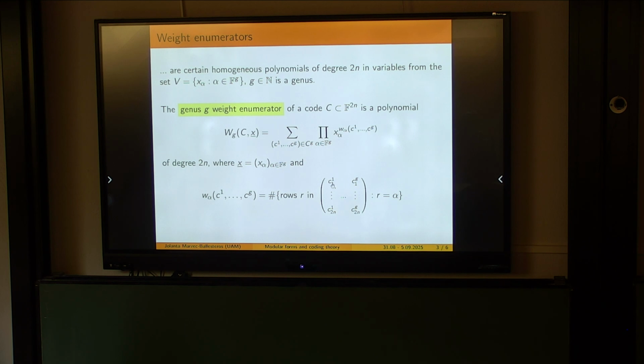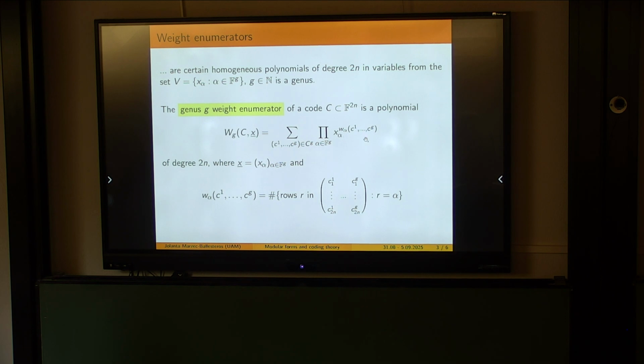Now each row has G entries, and these entries are from a field F. So we can take alpha from F to the G and ask how many times alpha appears as a row of this matrix. So we put this number as the exponent of X alpha. And then we do it for all the alphas. We multiply the X alpha to a suitable exponent together.